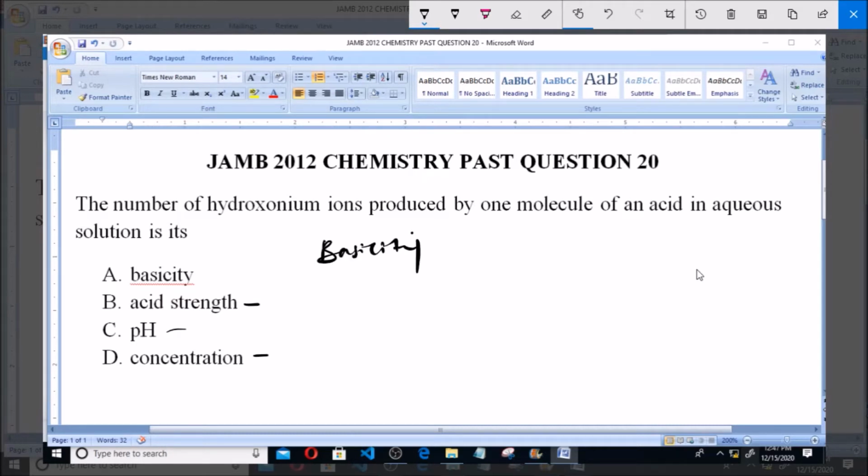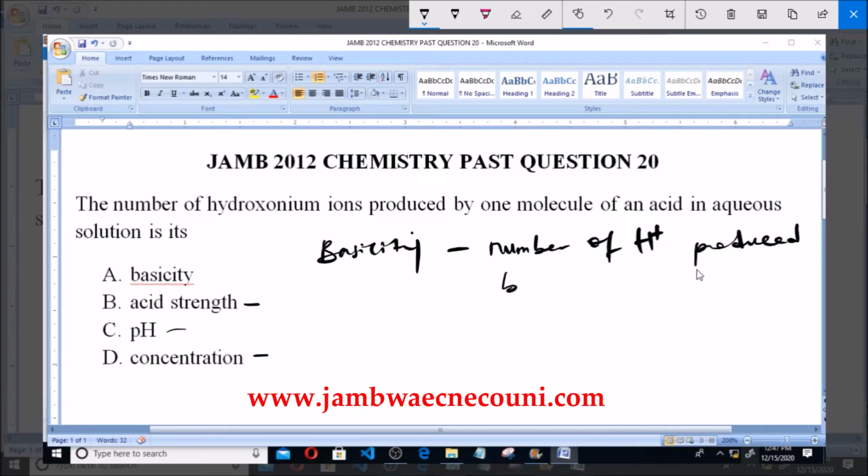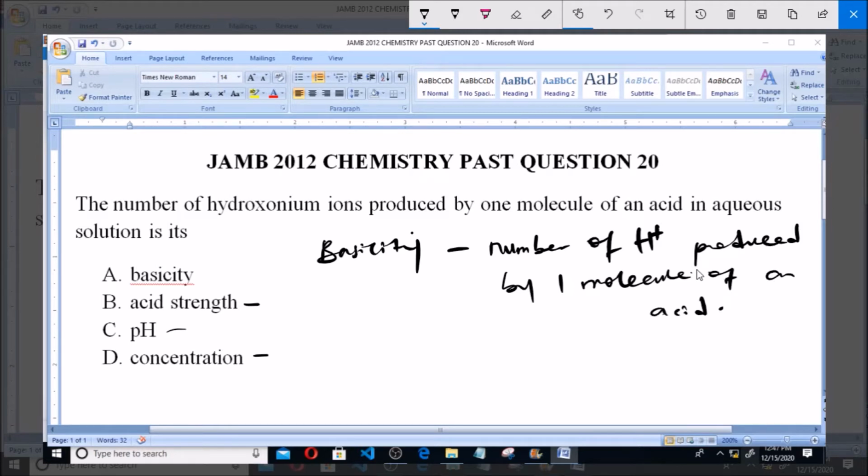Basicity of an acid simply refers to the number of hydrogen ion produced by one molecule of an acid. The number of hydrogen ion produced.